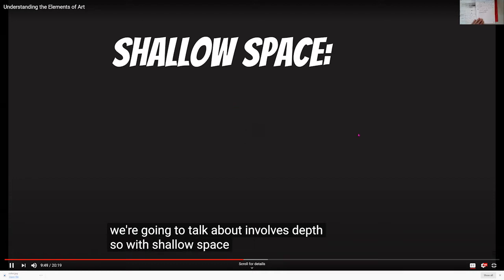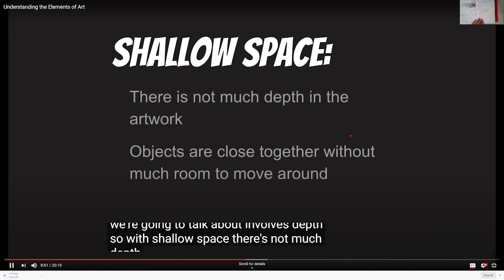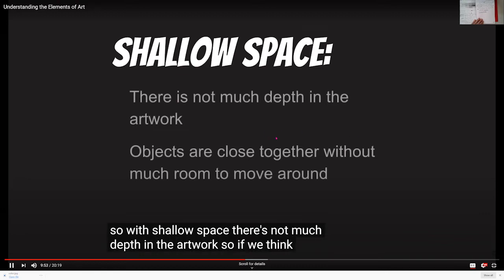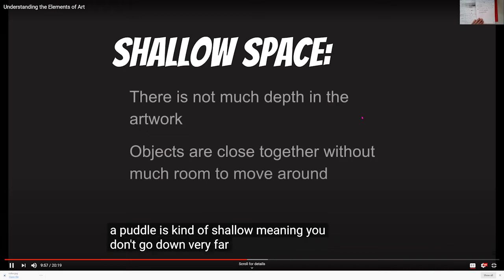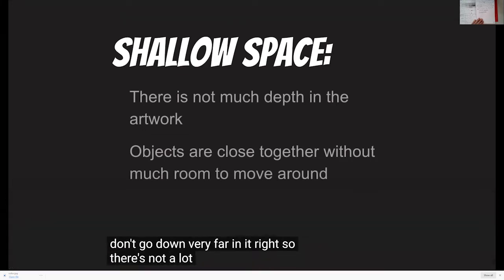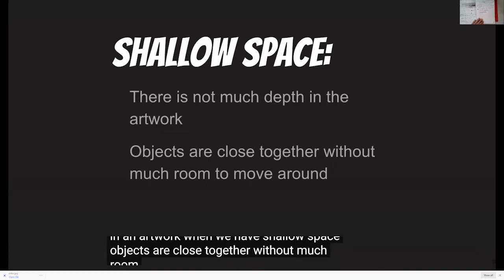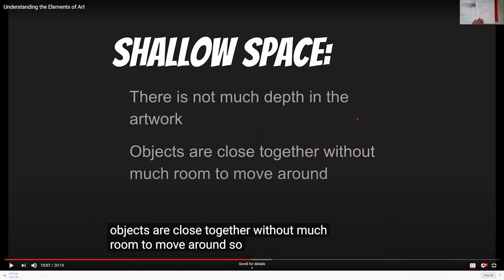So with shallow space, there's not much depth in the artwork. If we think like a puddle is kind of shallow, meaning you don't go down very far in it, right? So there's not a lot of depth to it. In an artwork, when we have shallow space, objects are close together without much room to move around. So please write this.